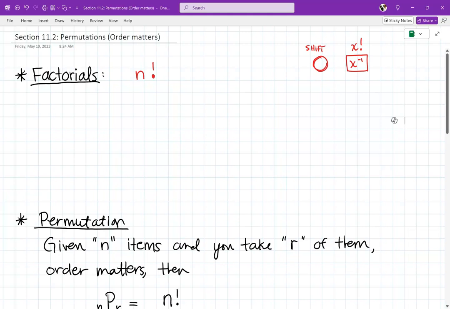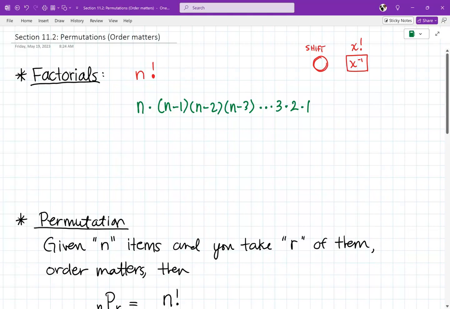The definition of n factorial is that you multiply n times 1 less than n, so n minus 1, and then 1 less than that, so it'd be n minus 2 times n minus 3 times etc. until you basically get to the number 1. You multiply it all out.